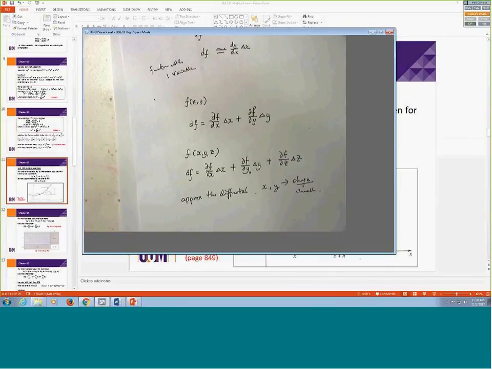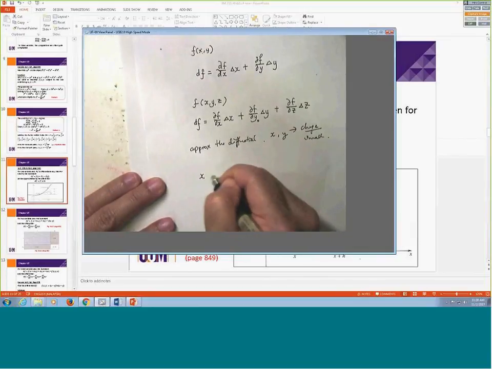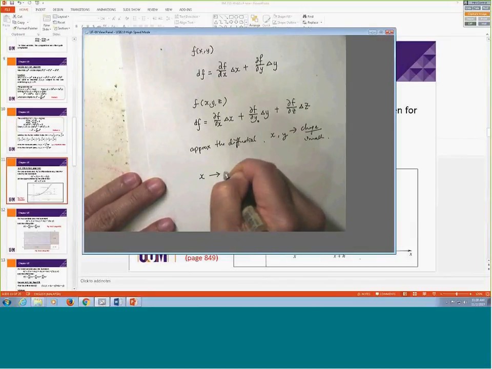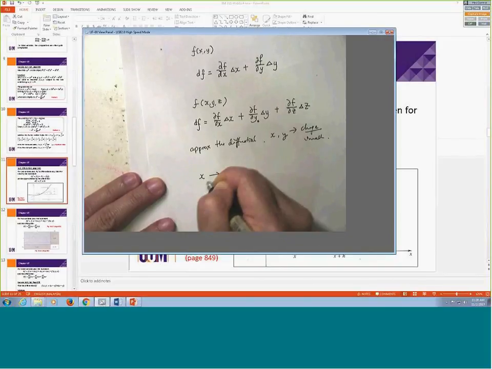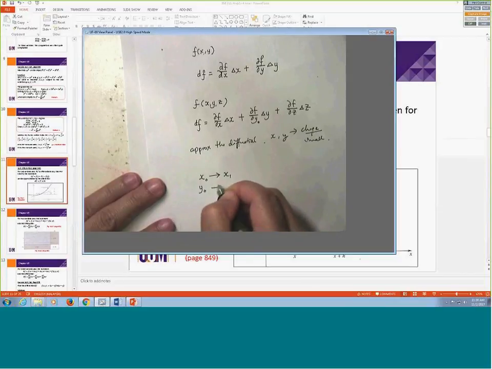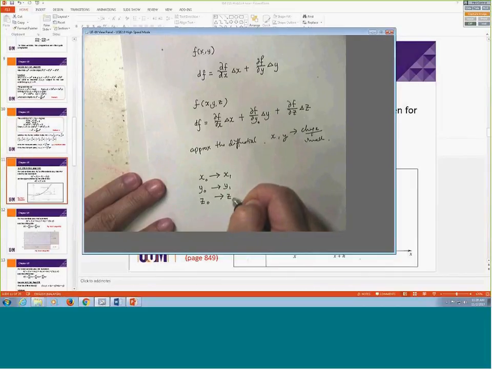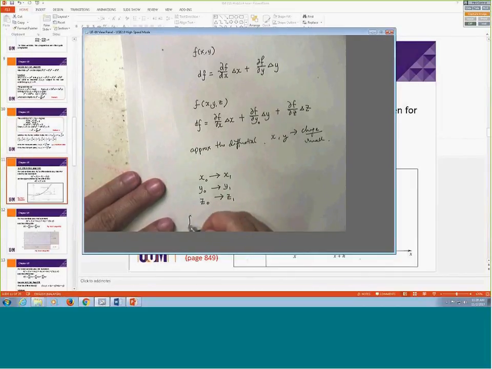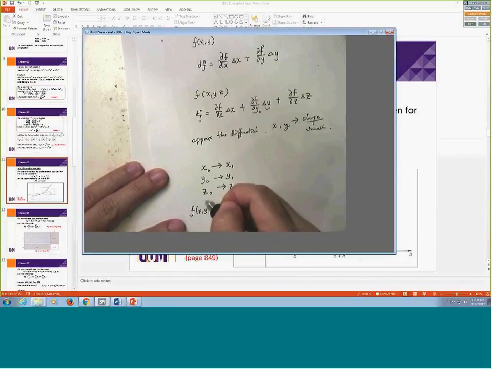When your x changes from one value to another, your original y changes to another value, and your z changes to another value, we expect the function at this original value will also change.